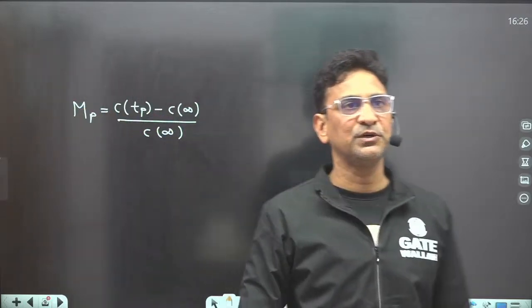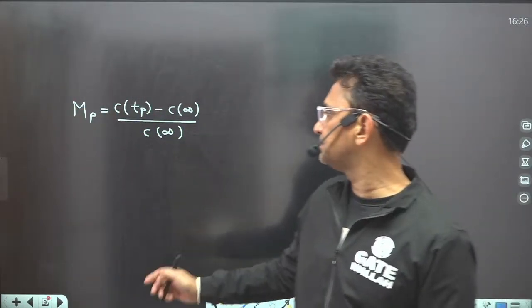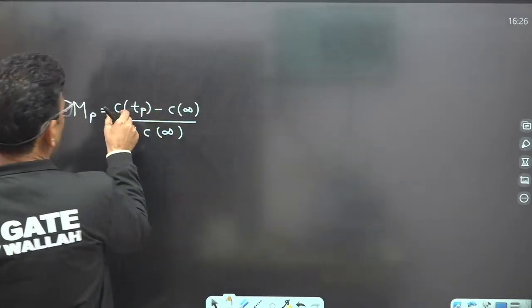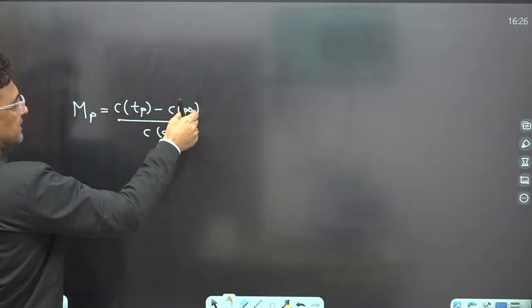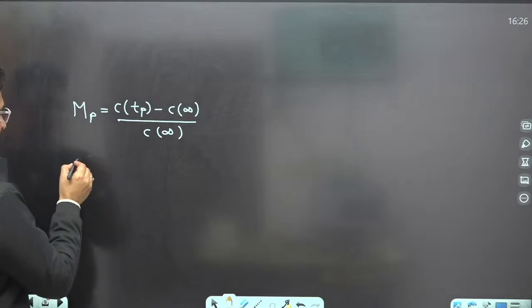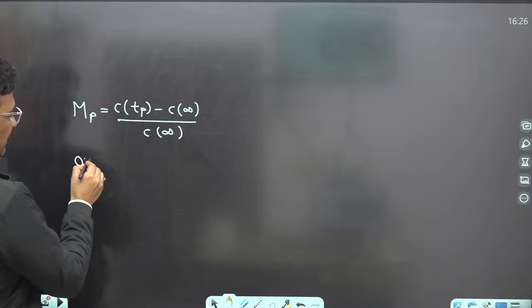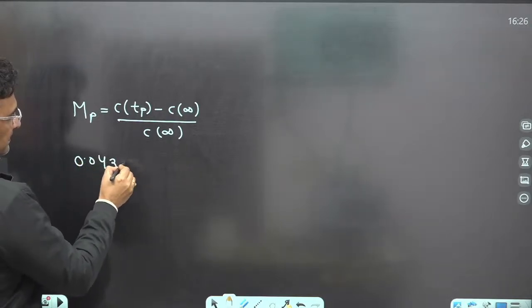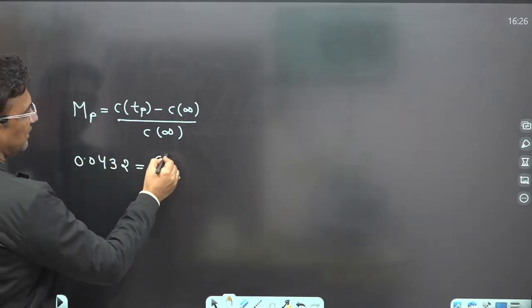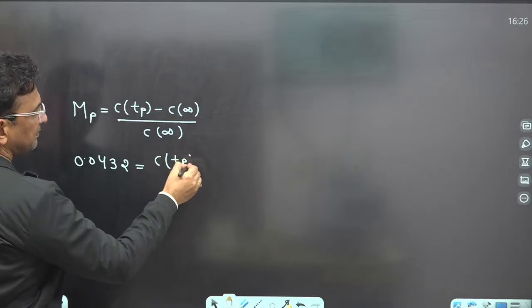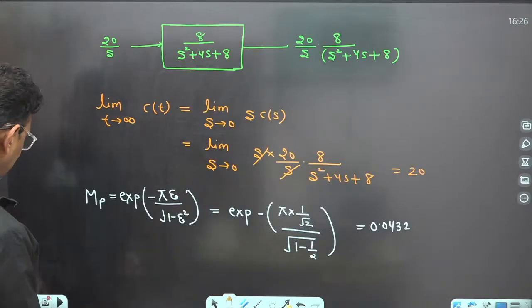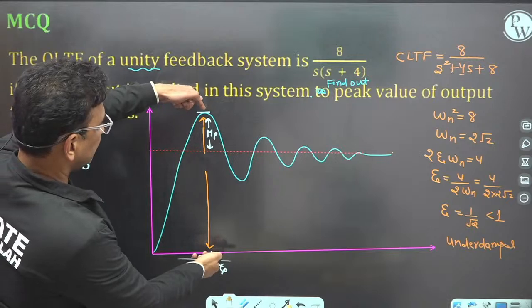So it is the peak overshoot in PU value. Clear? The output at the peak time minus the steady state output, divided by the steady state output. Now we have already calculated MP. It is 0.0432, and we have to find out the output at the peak time.